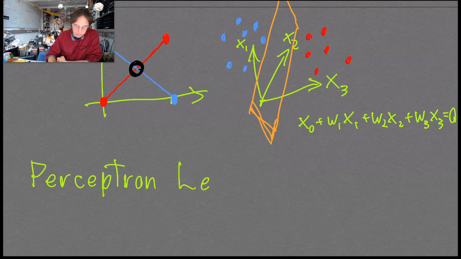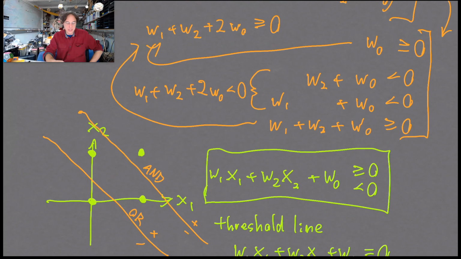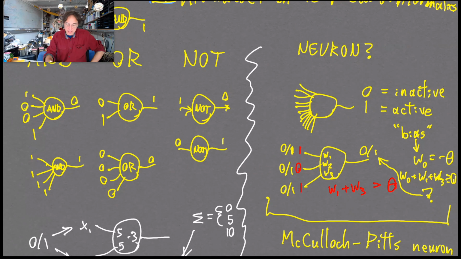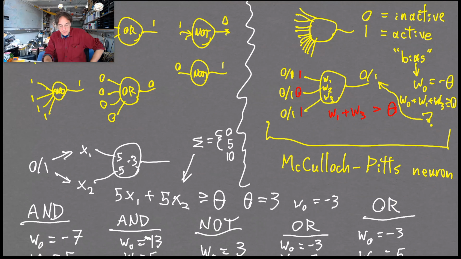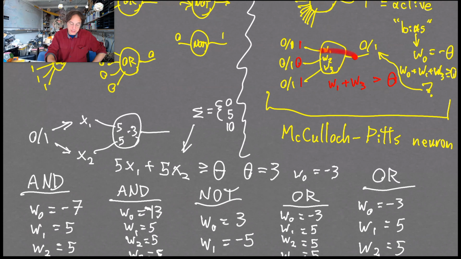So what's a perceptron? A perceptron is just a circuit of these neural units, because this is one of the early names used for making circuits of these units.